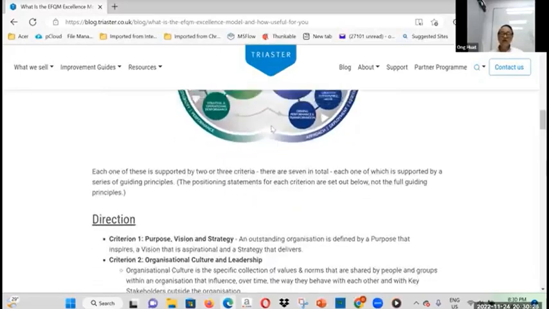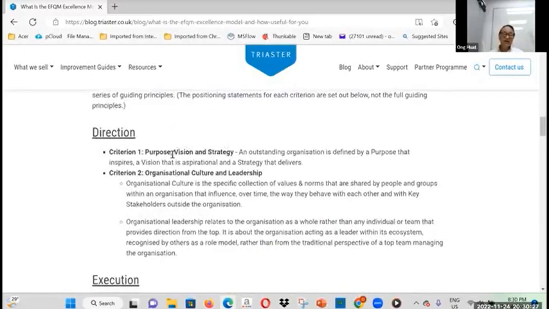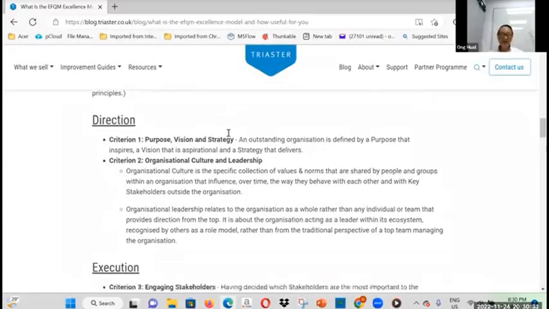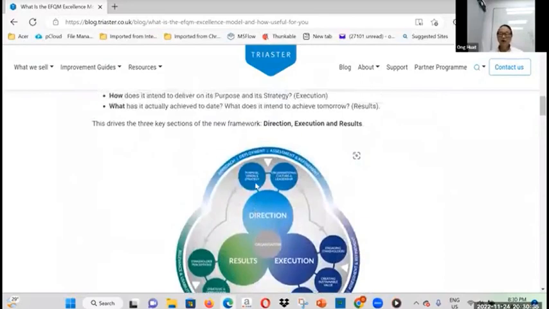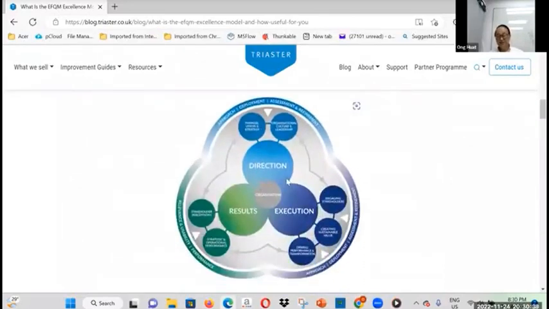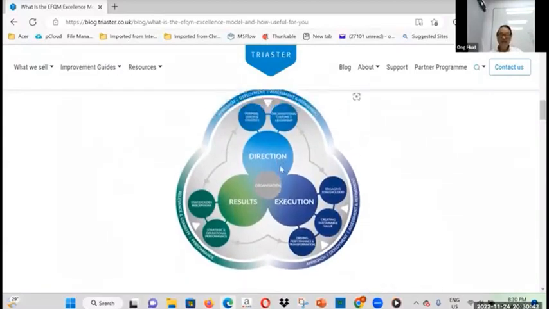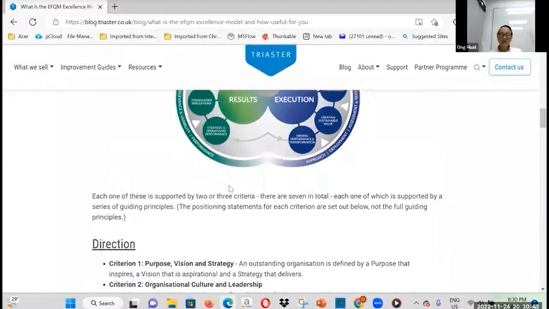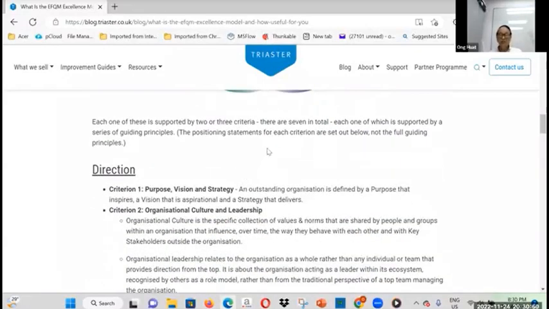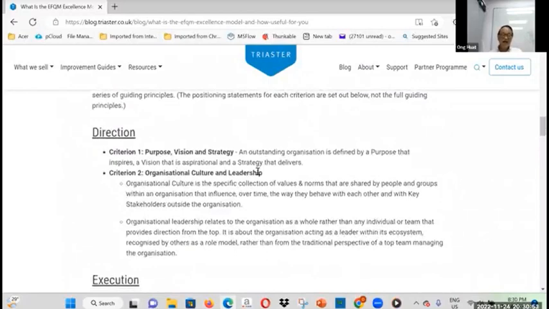You have to follow two criteria. One criteria, you must mention the vision, the purpose, and also the strategy. The other one, you must mention the culture and the leadership. That's why he linked this with leadership. So if you want to talk about direction to the European Foundation, you must talk about strategy, you talk about vision, you must also mention leadership. In that relation, you have to mention a little bit about culture, right?